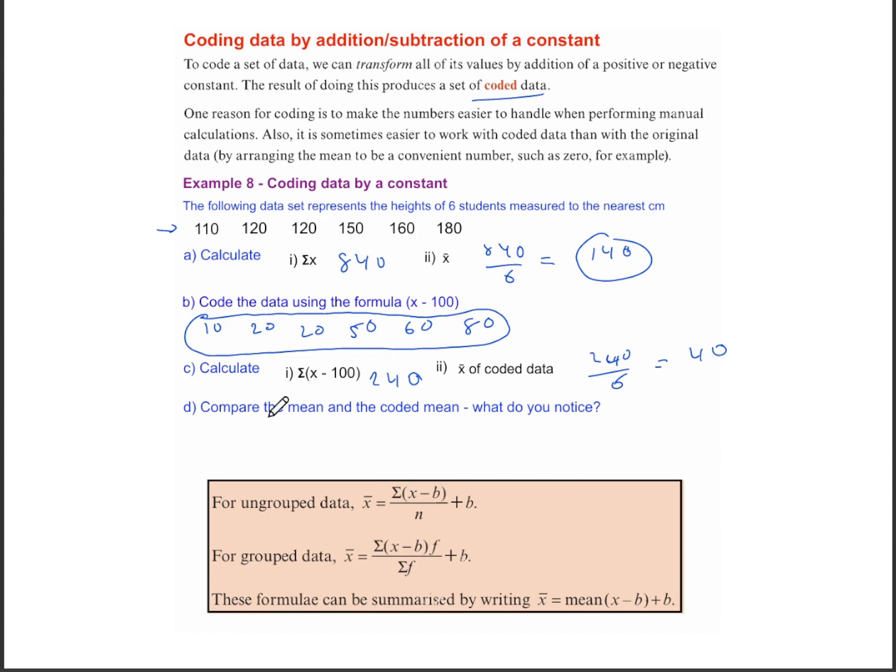Now, if you see the mean of the original data, which is 140, and the mean of the coded data, which is 40, what do we notice? The difference is 100, which is exactly what we subtracted to give us that coded data.